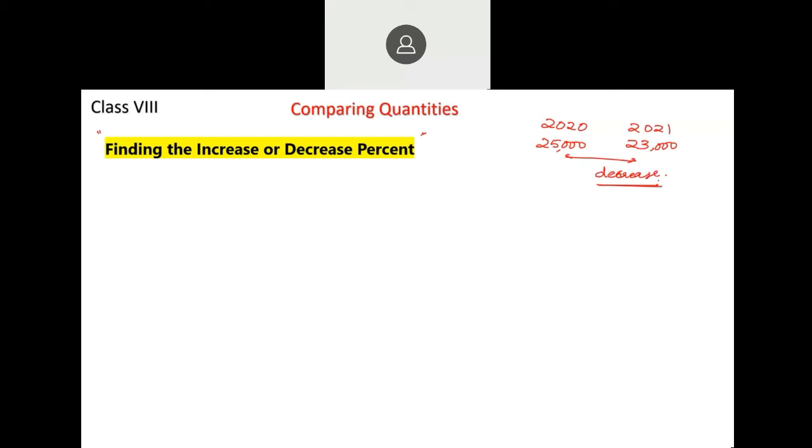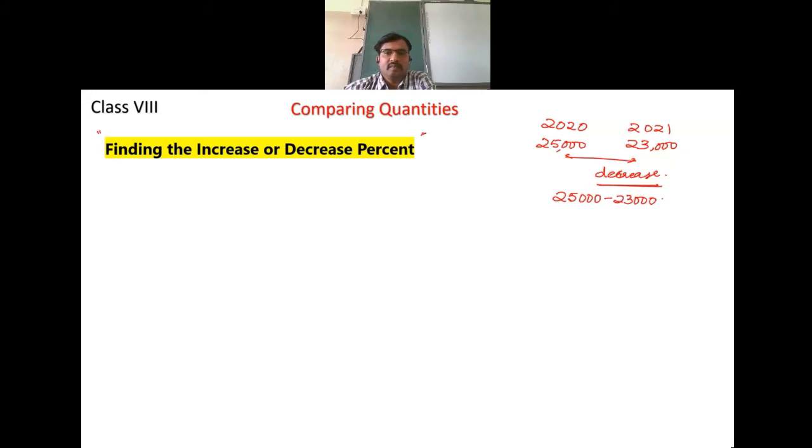What percentage of decrease is there here? We should write 2000 divided by 25,000 into 100. 25,000 minus 23,000 is 2,000.